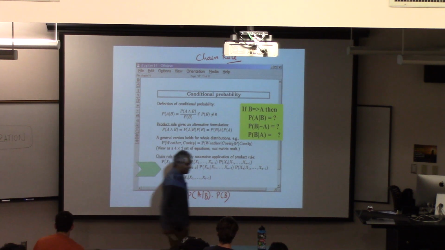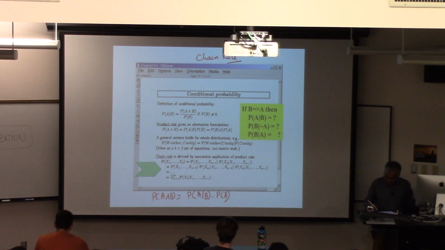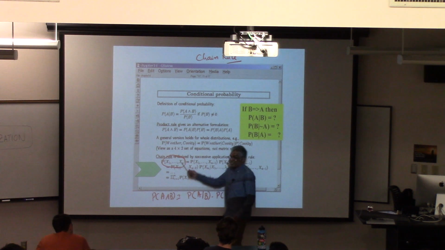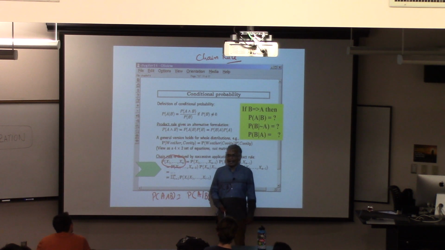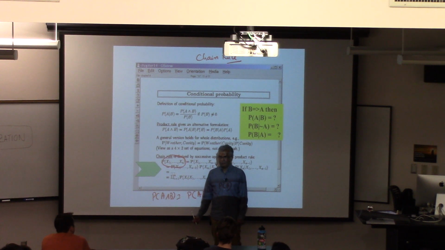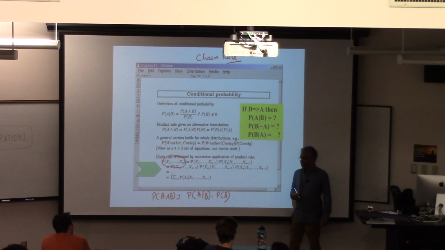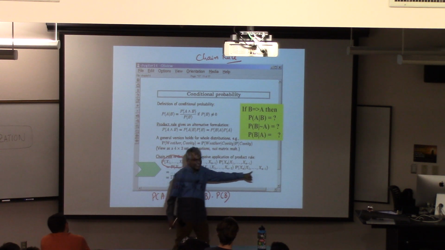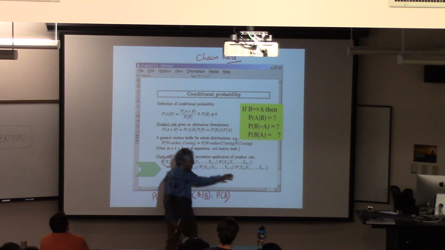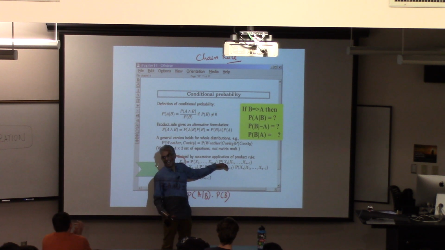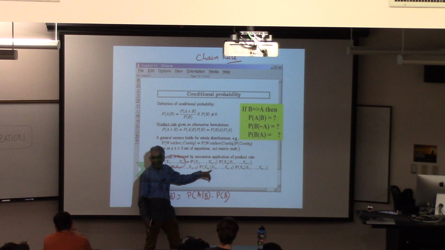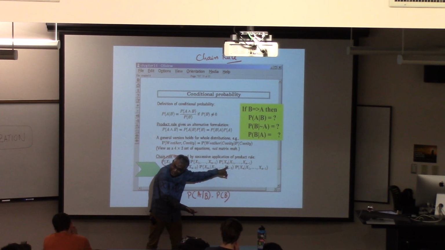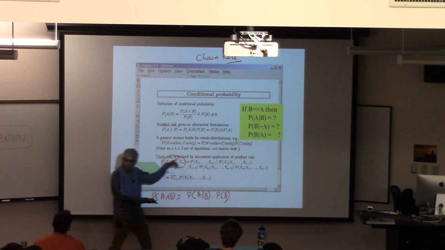This doesn't look all that impressive, but I can make it more impressive by then saying probability of x1 to xn, joint distribution of x1 all the way to xn. So it's not just A and B, it's x1 and x2, etc., xn. I can write this essentially in this way: xn given everything else times everything else, which can then be written as xn minus 1 given everything else left times that stuff, and so on.